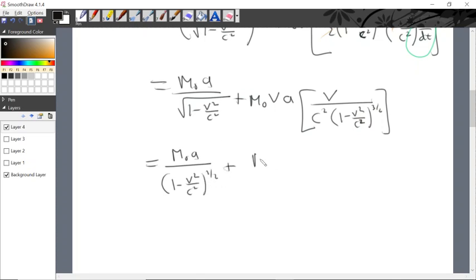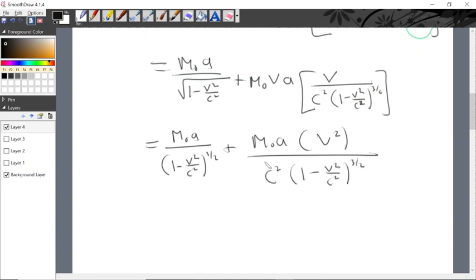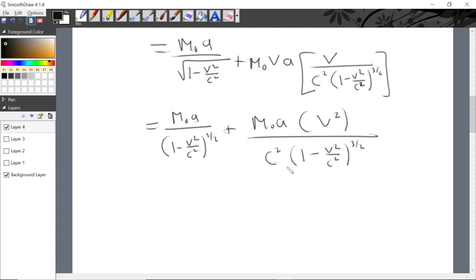And then here we have another m naught a, and then we also have a v squared over c squared. Then we have the quantity 1 minus v squared over c squared to the 3/2. Let's bring a common denominator now between the terms. The common denominator is going to be this right here, the LCD.